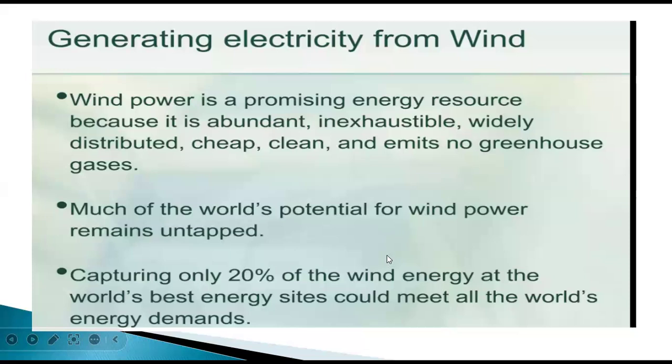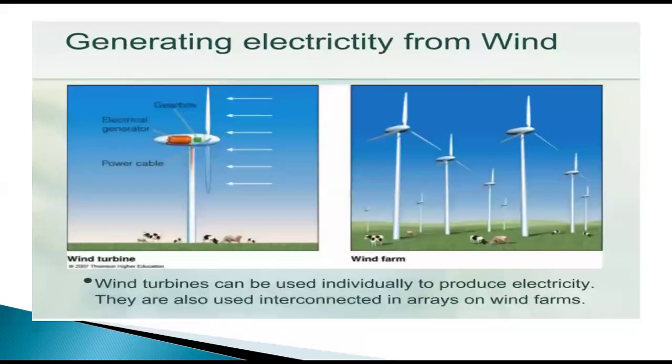There is a major problem with the turbines; handling the turbines in wind power plants is very difficult. Capturing only 20% of wind energy at the world's best energy sites could meet all the world's energy demands. This is called generating electricity from the wind.